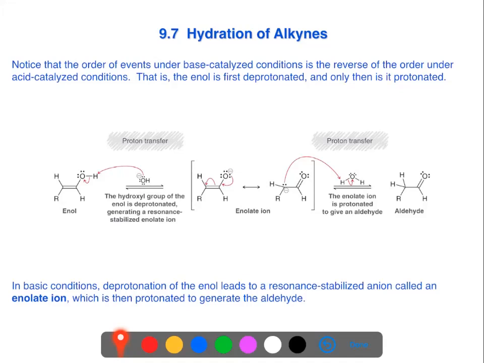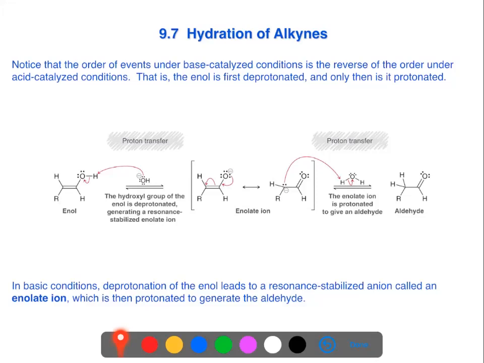And so in the first step of this tautomerization, it's not the enol accepting a proton. There are no protons available under these reaction conditions. In this particular situation, the hydroxide ion is accepting a proton from the hydroxyl group of that enol.